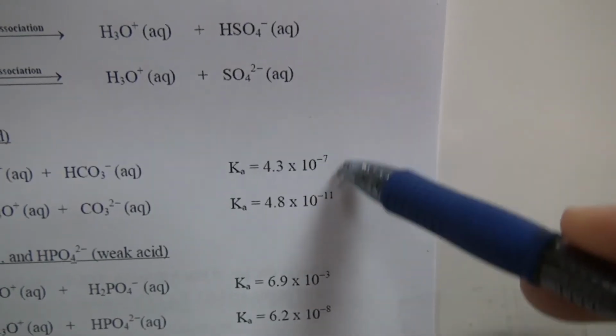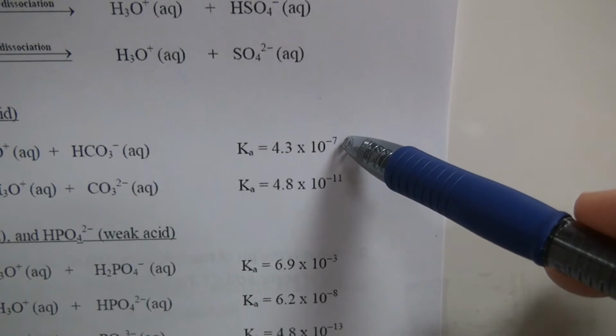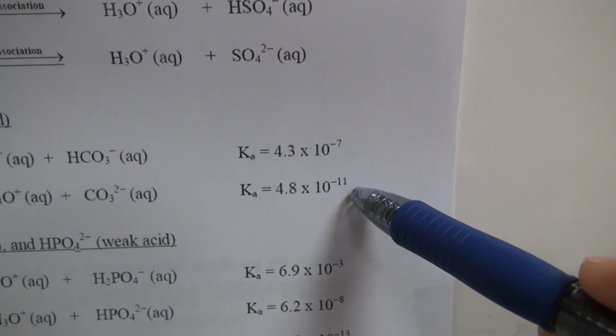Now both of these numbers are relatively small, but the first dissociation of carbonic acid is larger than the second dissociation.